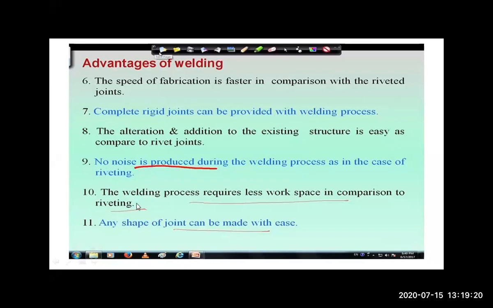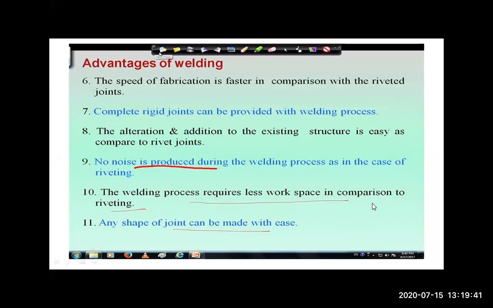Next, the welding process requires less work space in comparison to riveting. Are you comparing welding and riveting? At that time, the welding process requires less work space.